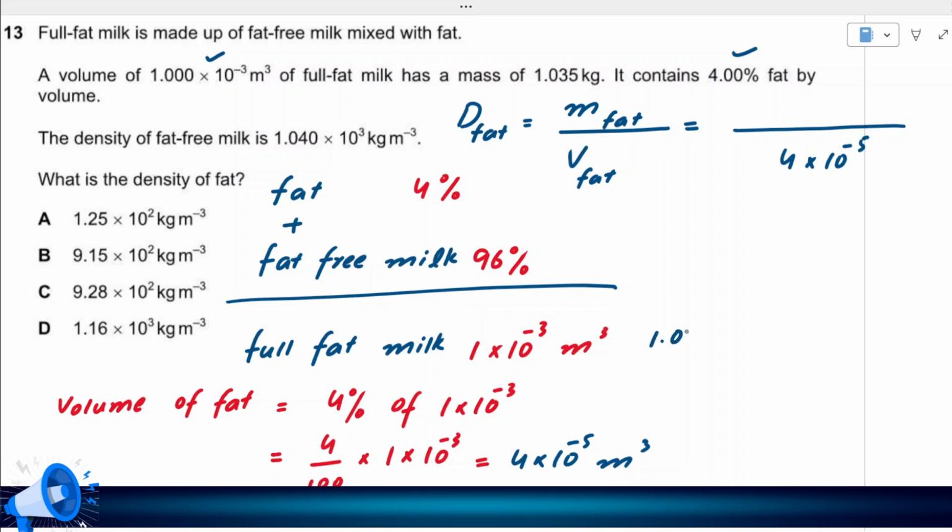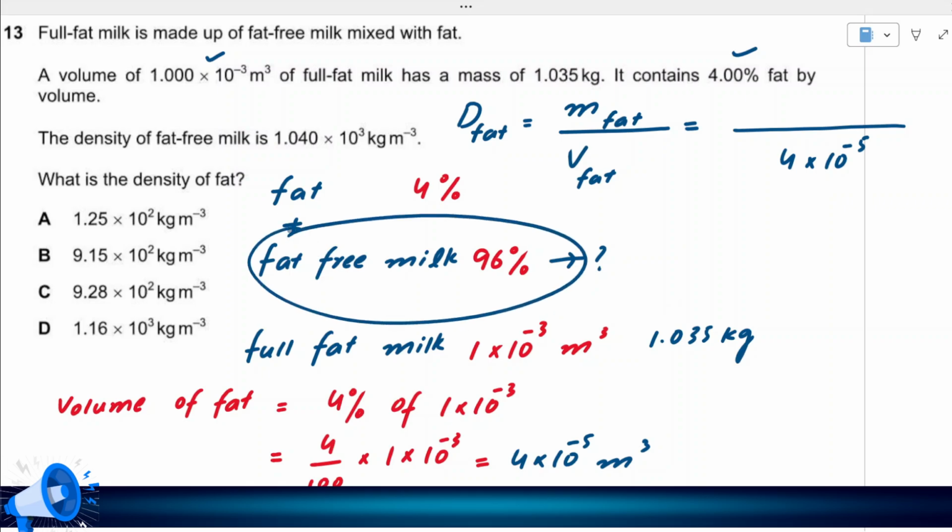The mass of this final product is 1.035 kilograms. What is the mass of this one? We don't know, but we can find the mass of the second ingredient. Then we can subtract the mass of the second ingredient from the total mass, and we can find the mass of the fat.